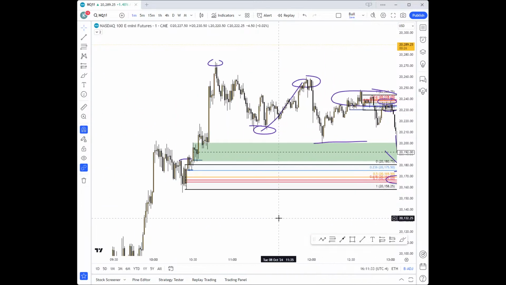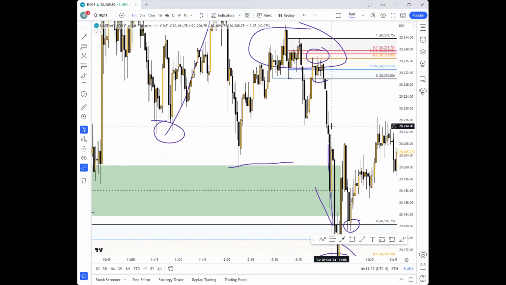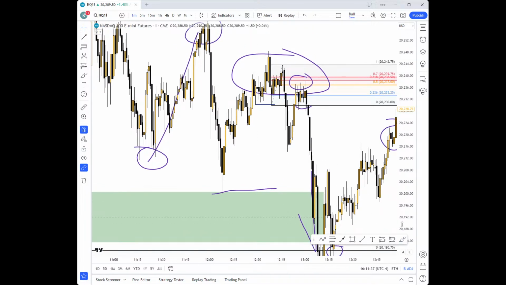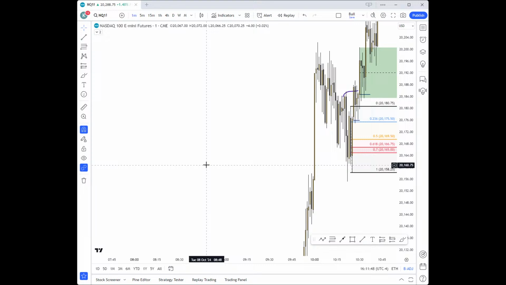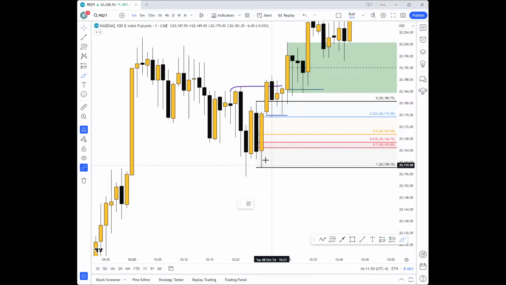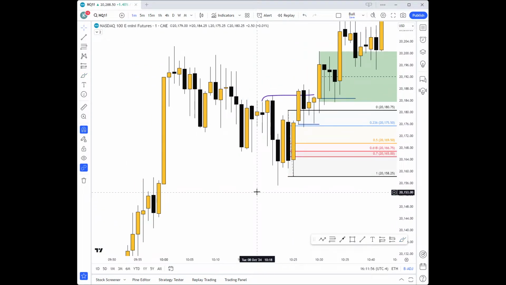Right? So in my opinion, the trades of the day would have been at least some sort of a short in this for that movement down to the prior zone here. But certainly there was a multitude of trades in here. A multitude of trades in here.